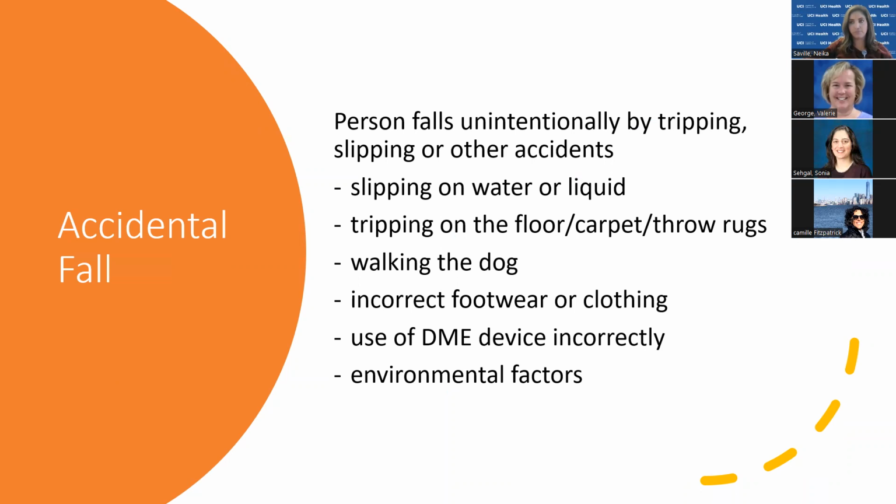These can be considered external factors, external to the environment, and also can include medications. So it can include slipping on water or liquid, tripping on the floor, carpet, throw rugs, walking the dog.